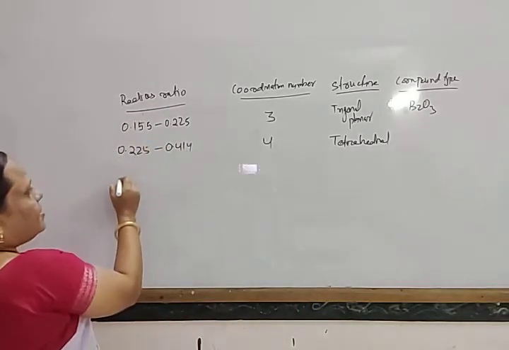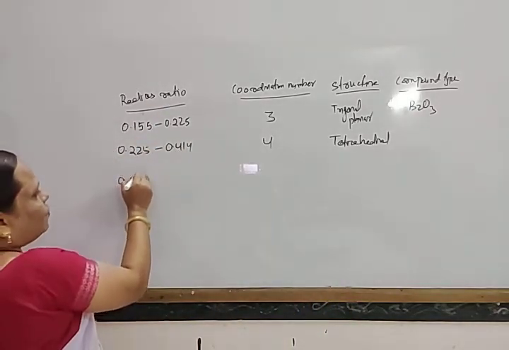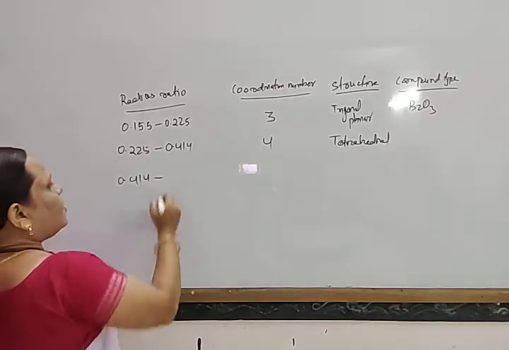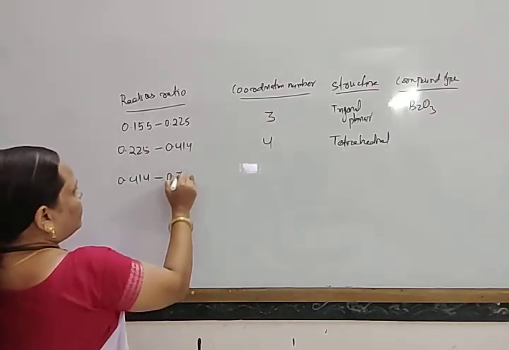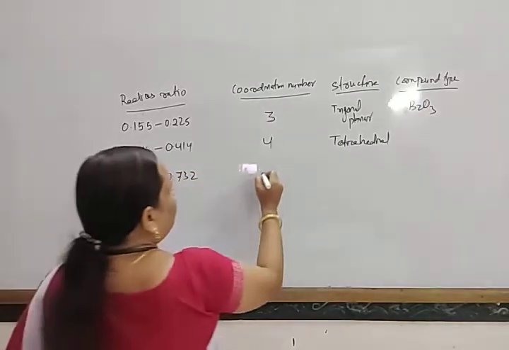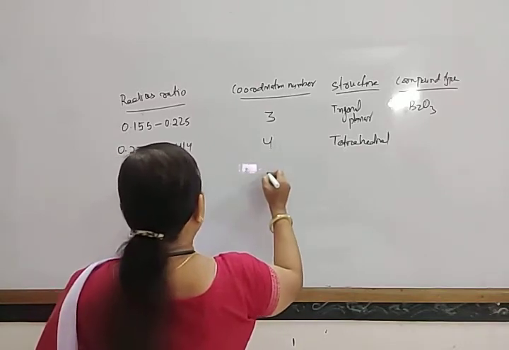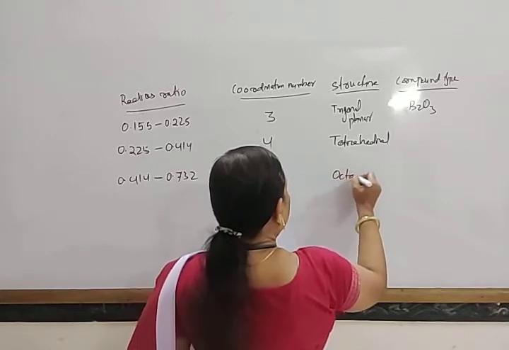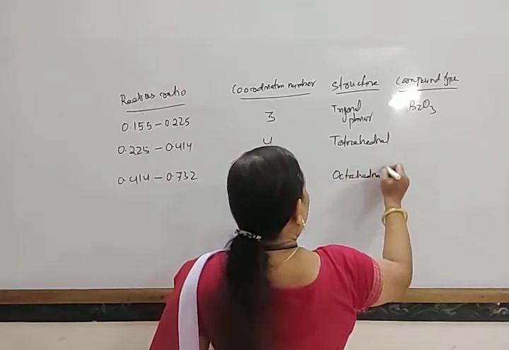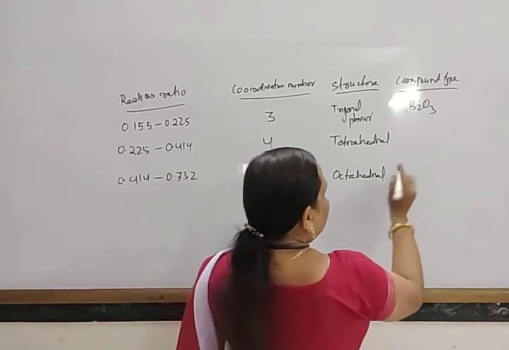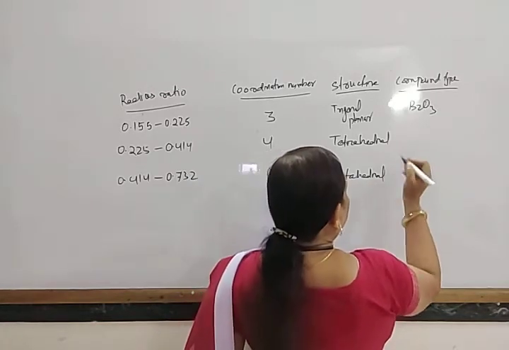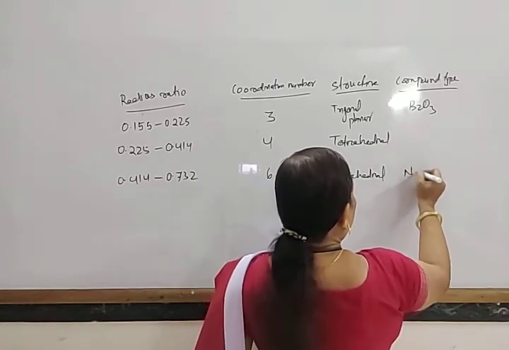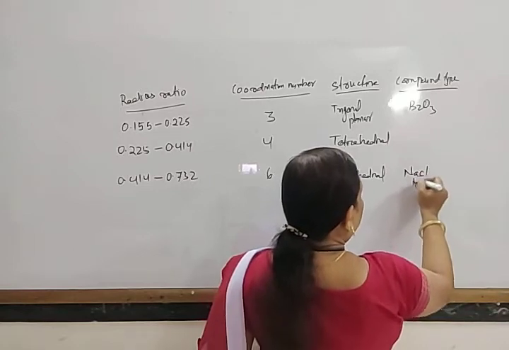And if the radius ratio is 0.414 to 0.732, then the coordination number is 6 and the structure is octahedral, and the compound types are generally sodium chloride type, NaCl type.